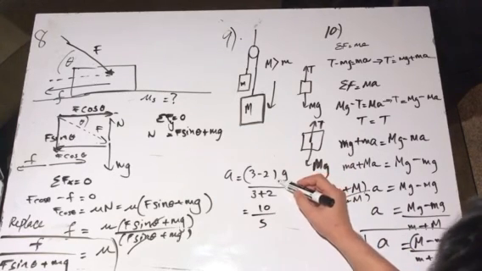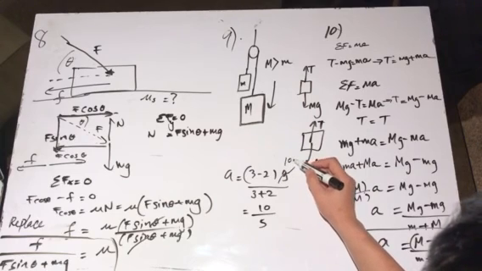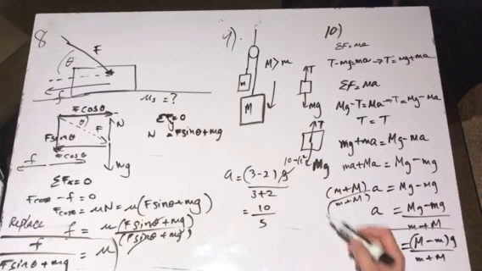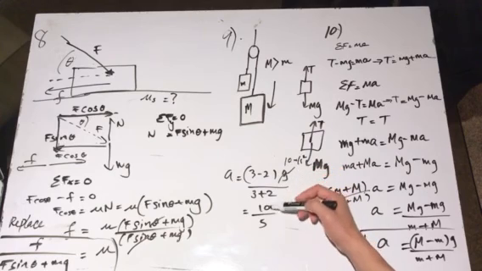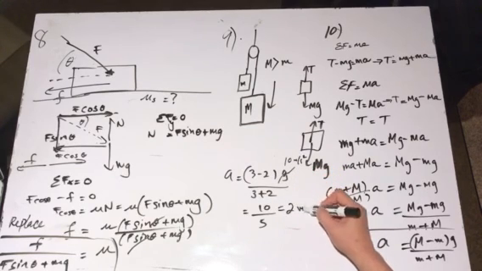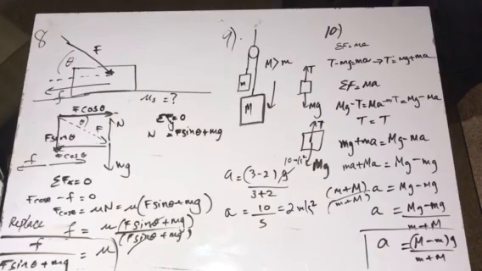Because I'm just going to replace g by 10 meters per second squared, 3 minus 1 is 1, times 10 is 10, divided by 5, so that's 2 meters per second squared. That is your acceleration for question number 9.